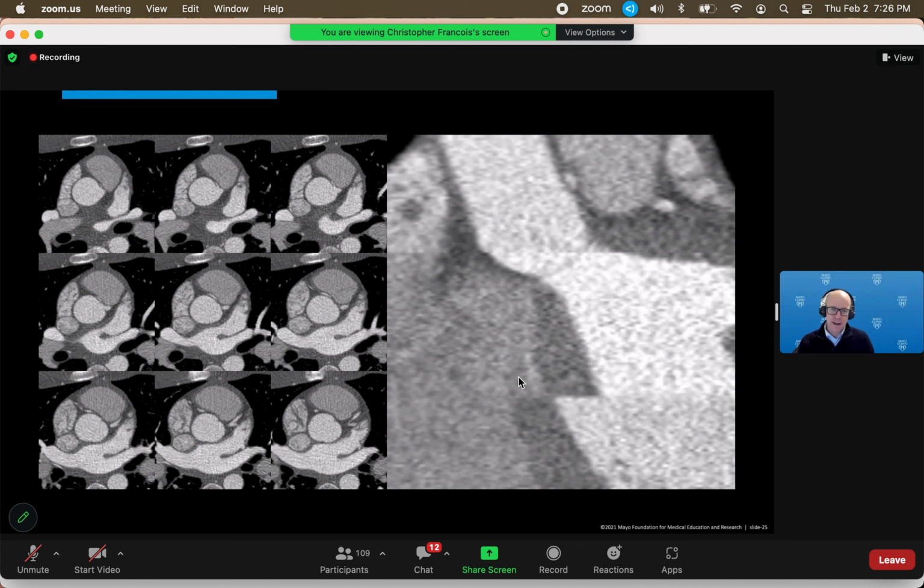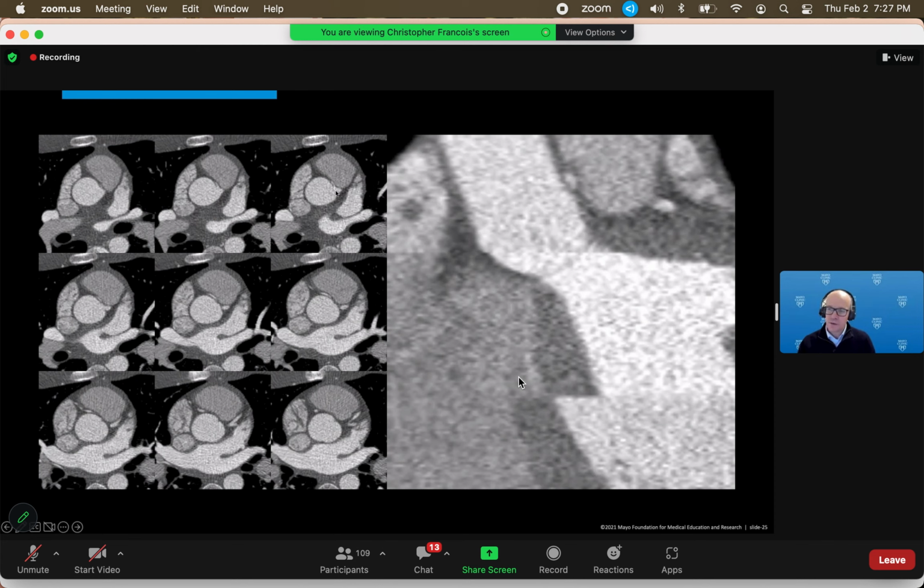What really matters is not so much whether or not that anomalous coronary artery is going between the aorta and the pulmonary artery, but whether or not it is coursing through the wall of the aorta. And that's what we refer to as an intramural course. So within the wall of the aorta.